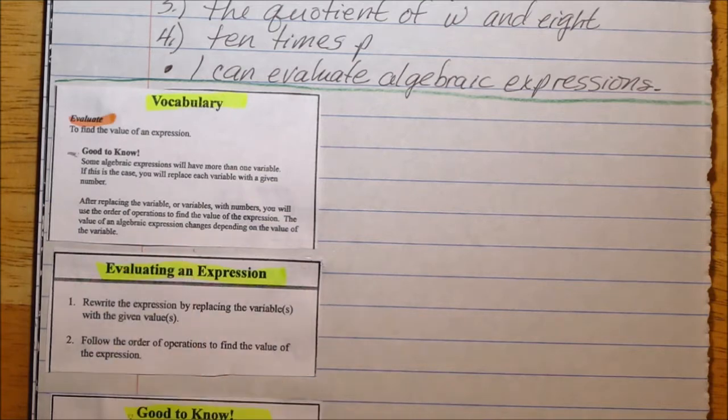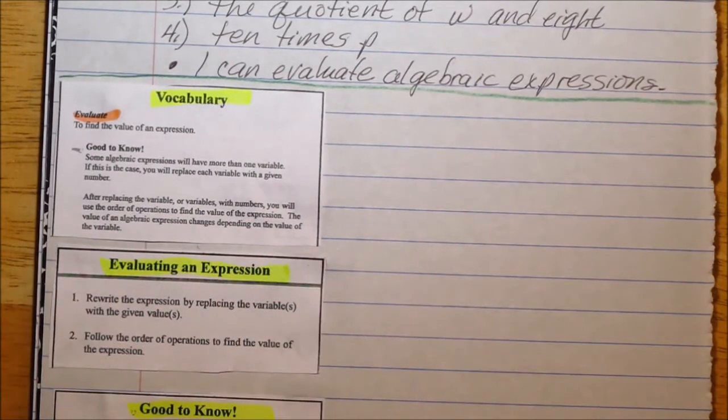And then it says, after replacing the variable or variables with numbers, you will use the order of operations to solve the value of the expression. And the value of an algebraic expression changes depending on the value of the variable. Well, that makes sense. If they tell you that x equals 3, fine. If at another time they tell you that x equals 5, then your final answer on your expression is going to be different.